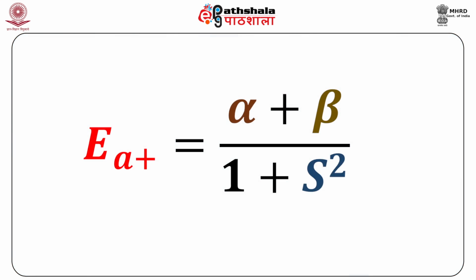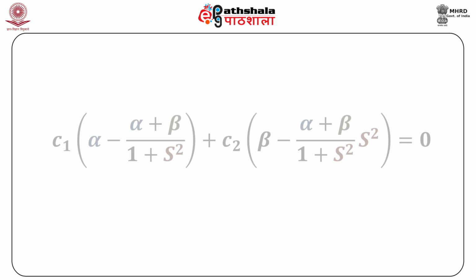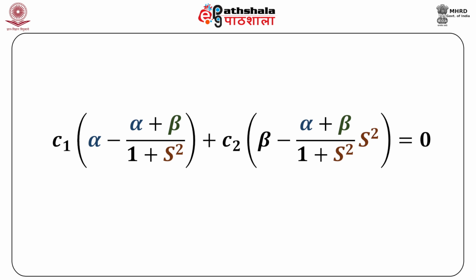If we substitute the equation for EA plus in our equation A, we get the following equation: C1 into bracket alpha 1 minus alpha plus beta upon 1 plus S square bracket closed, plus C2 into bracket beta minus alpha plus beta upon 1 plus S square bracket closed is equal to 0.